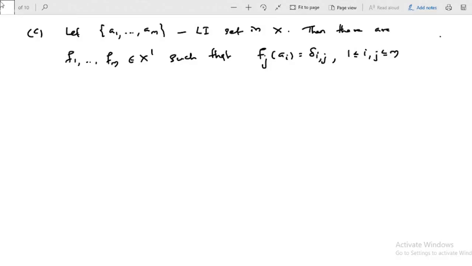What is delta ij? It is the Kronecker delta, defined as 1 for i equal to j and 0 for i not equal to j.